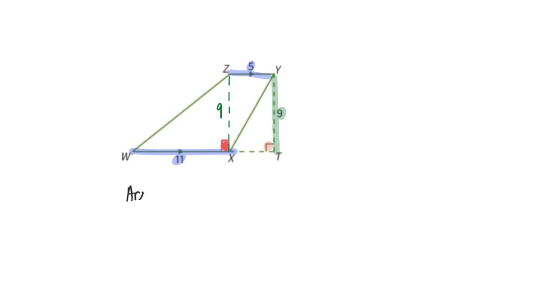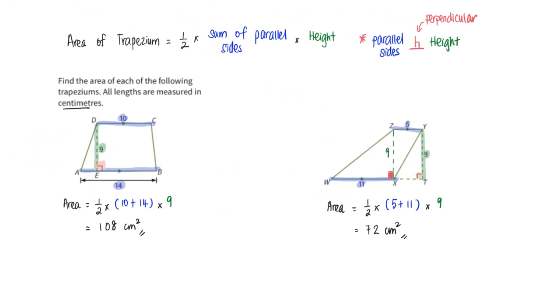So here I will have area equals to half times the sum 5 plus 11 multiplied by 9, and this will give me a value of 72 cm squared.